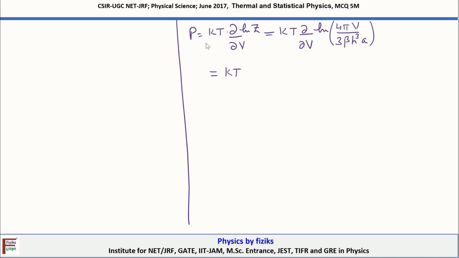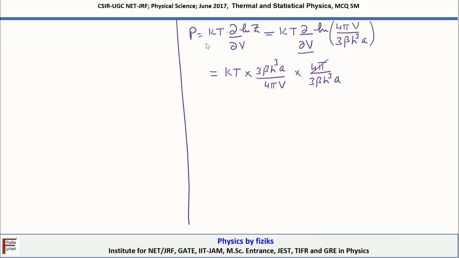Okay, so kT, and then 1 by x, the differential of ln of this quantity will be 1 divided by this quantity, so that gives us 3 beta h cube a upon 4 pi V, multiplied by the differential of the term inside the logarithm with respect to volume, which gives 4 pi upon 3 beta h cube a.